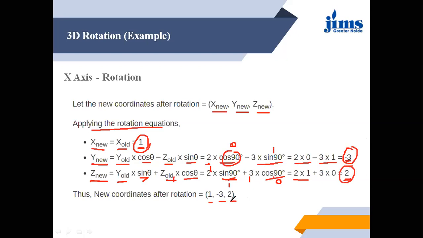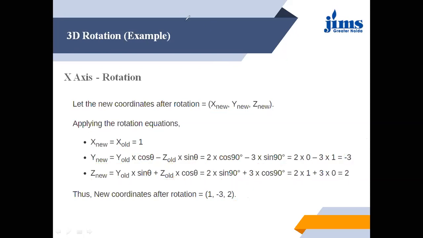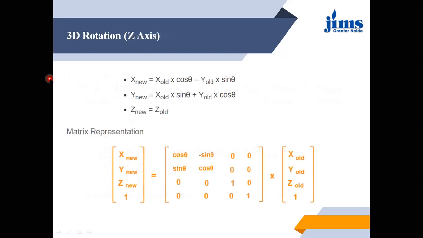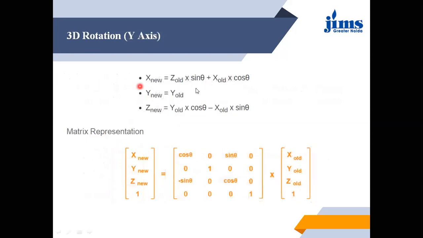So after rotating the object with respect to the x-axis, the final values are 1, minus 3 and 2. Now we will try to find out the values of the x, y and z new coordinates when we rotate this with respect to the y axis by using these three equations.